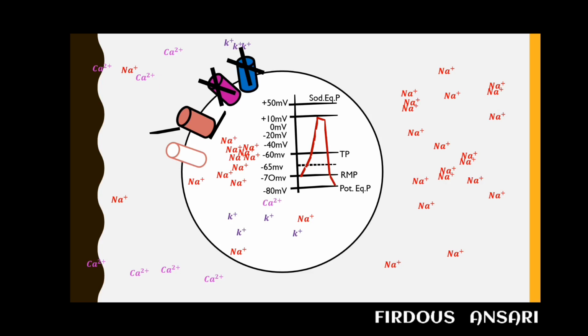So much potassium ion is lost that the equilibrium potential of potassium has been attained. This is known as hyperpolarization. Hyperpolarization means even after attaining the resting membrane potential, there is still an extra loss of potassium ions.